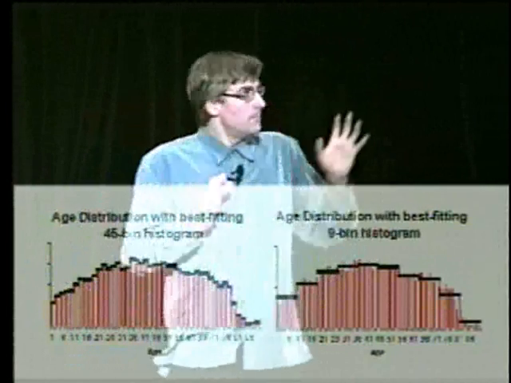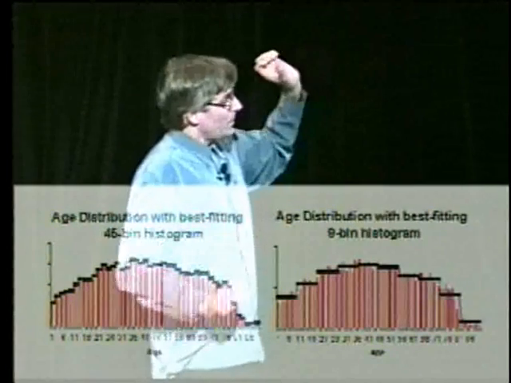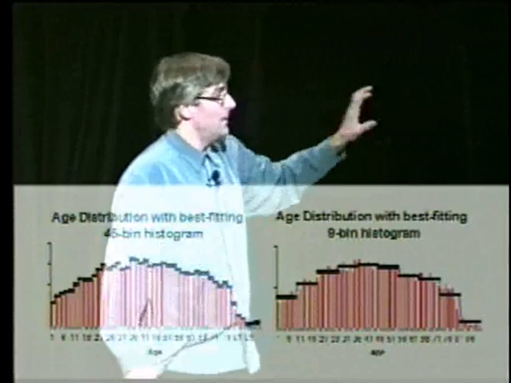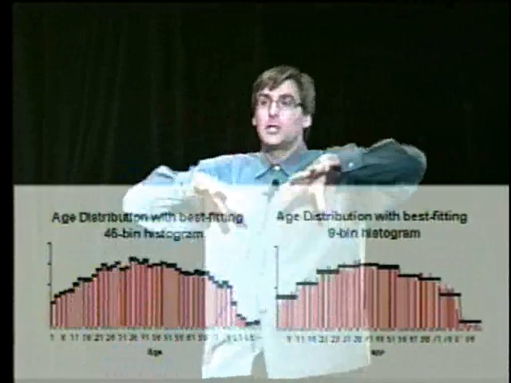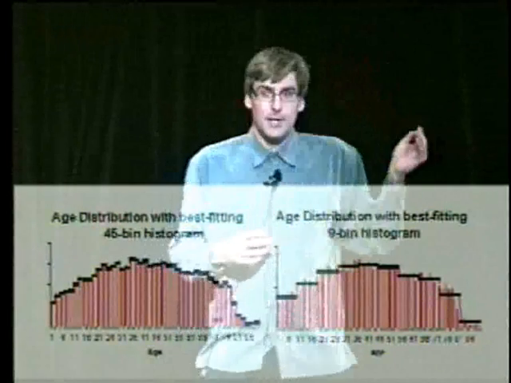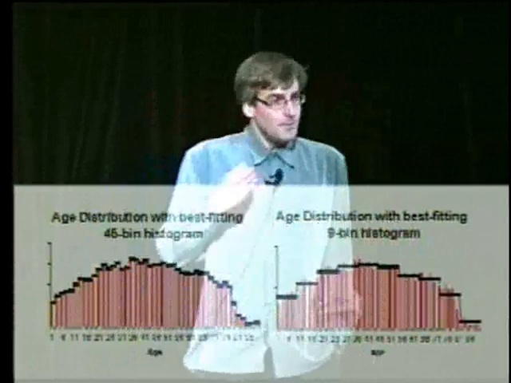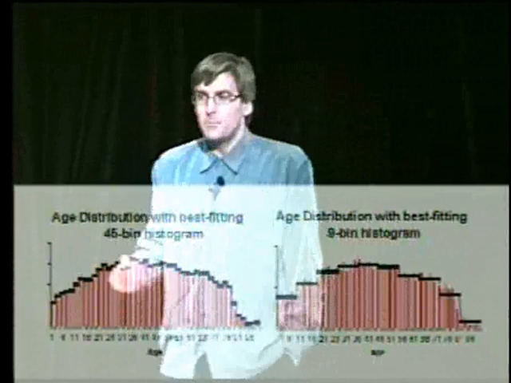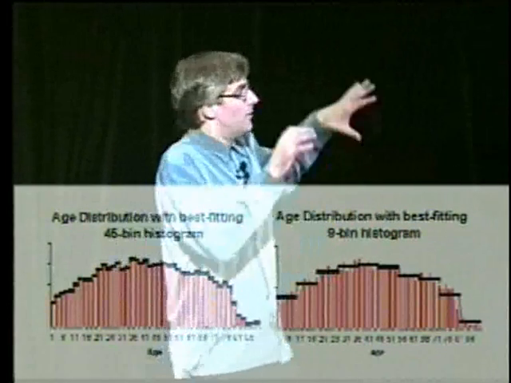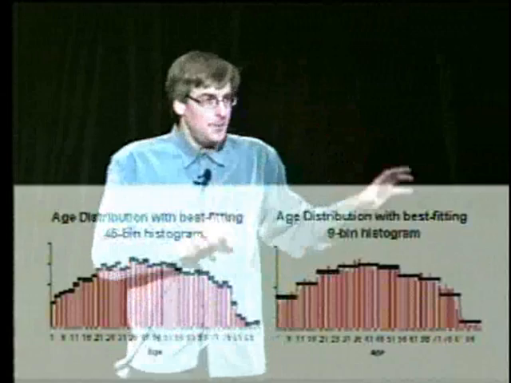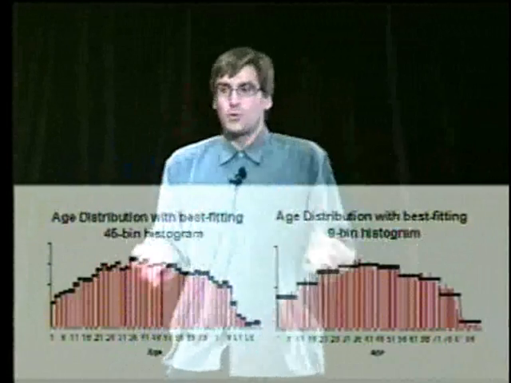And I'd like you to think about this because these models, the 45-bin and 9-bin models, are actually classes of models. And the particular 45 and 9-bin models shown are the best exemplars of each of those classes that can ever be found. In other words, the population of 20,000 people is reality. That's truth.